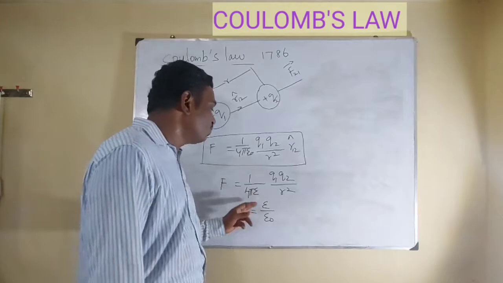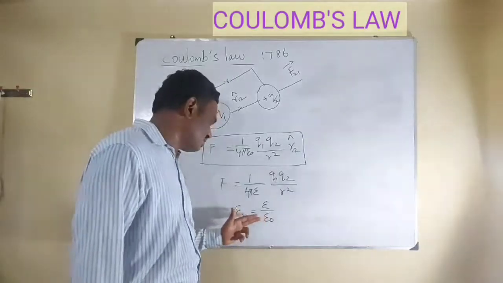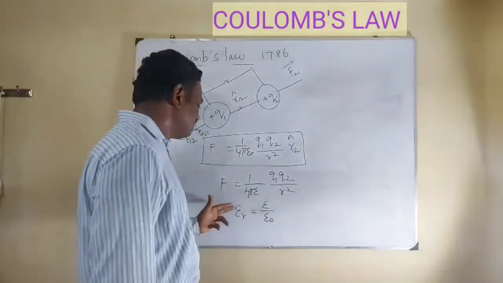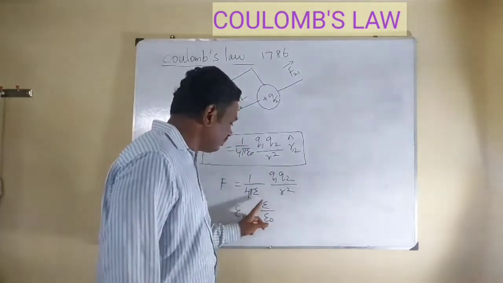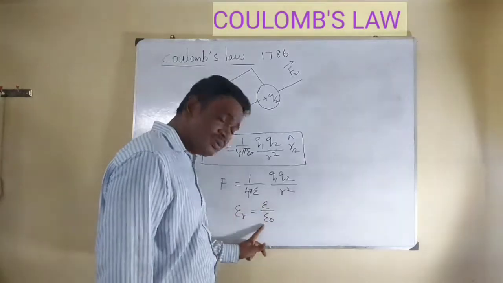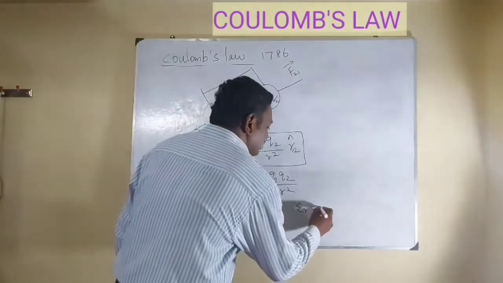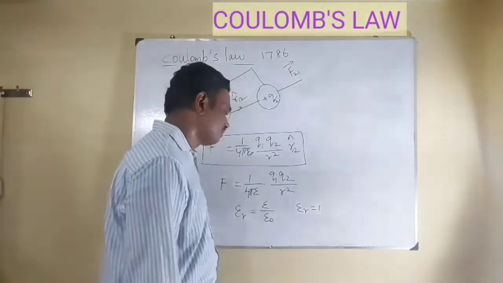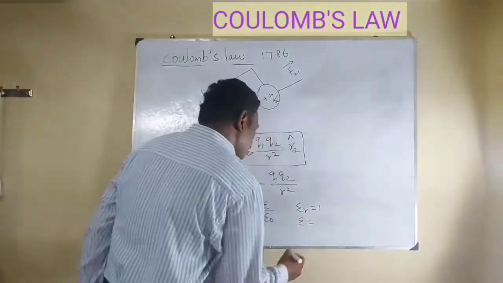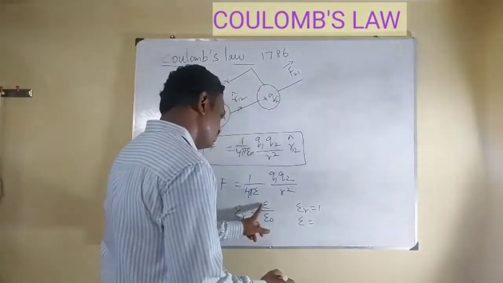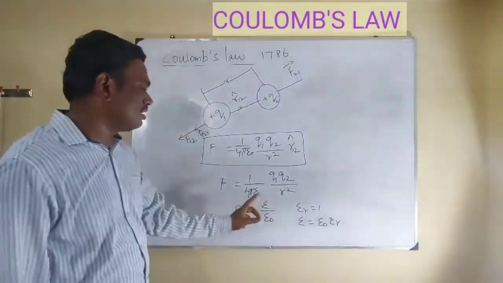It relates the permittivity of the medium and the permittivity of free space. That's why we call it relative permittivity. Suppose the medium is air, then epsilon equals epsilon naught, so the ratio will become 1. So you can write epsilon r equal to 1 for an air medium, and for a medium you can write the expression like this: epsilon equal to epsilon naught epsilon r.